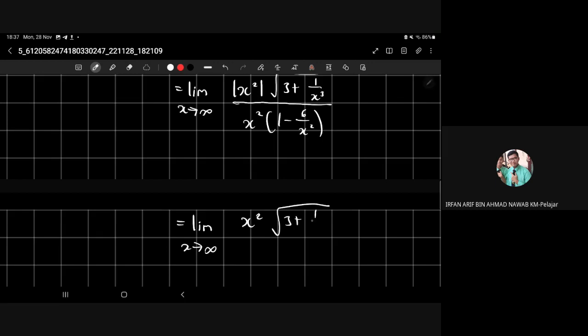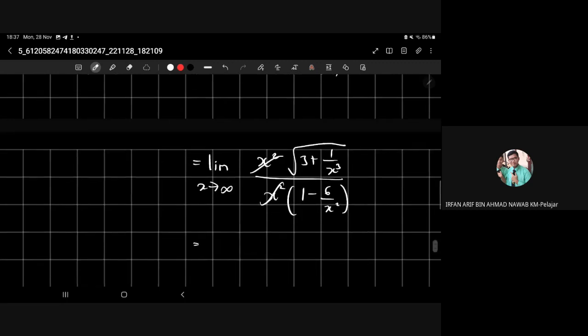So 3 plus 1 over x squared is x cubed divided by x squared, 1 minus 6 over x squared. Okay, so we could simplify, no problem. And from here, this is obviously a rational function.